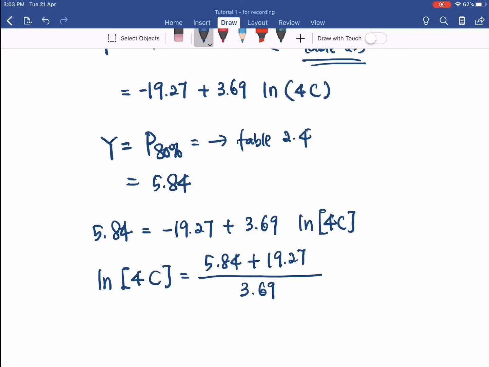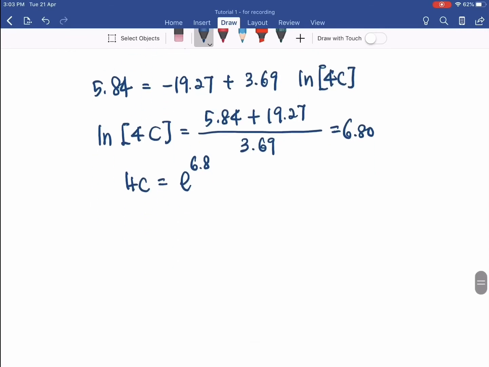We get something along the line of 6.80. So 4C equals e to the power of 6.8, and we get something like 897.85. Therefore our concentration here is 224.5 ppm.